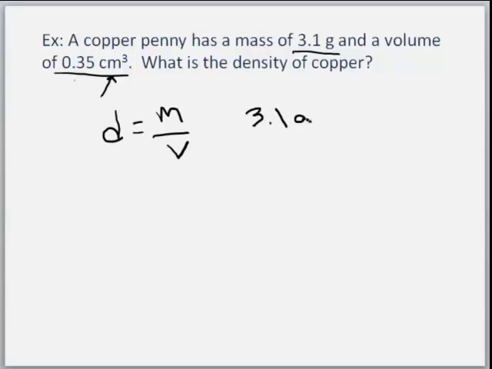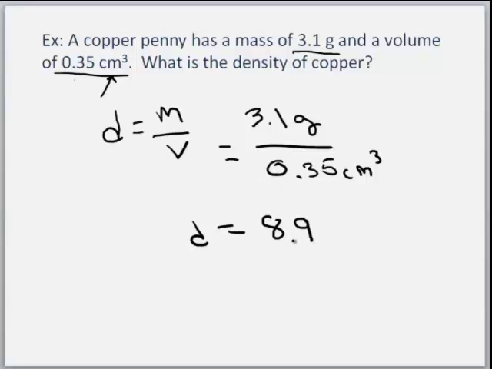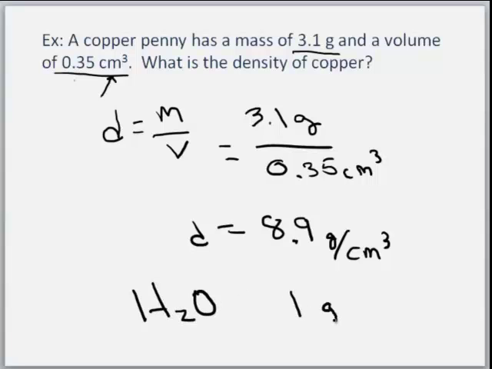Our mass is 3.1 grams. Our volume is 0.35 cubic centimeters. When we do the math there, we'll take 3.1 divided by 0.35, and we get 8.9 grams per cubic centimeter. And that's a pretty big density. For reference, the density of water is 1 gram per cubic centimeter. So the density we calculated here is 8.9.